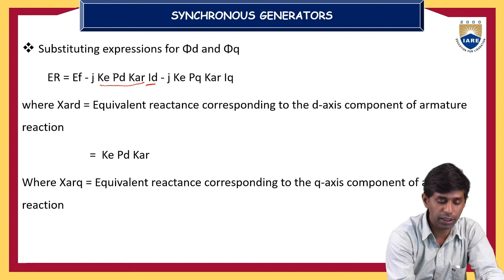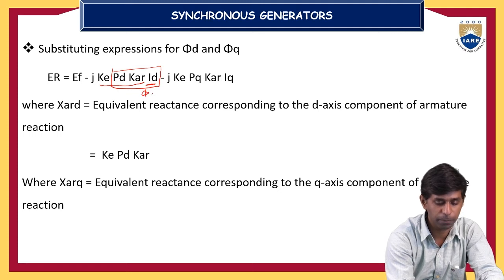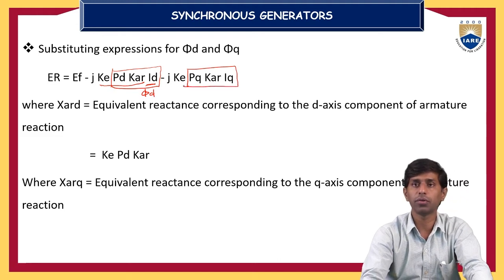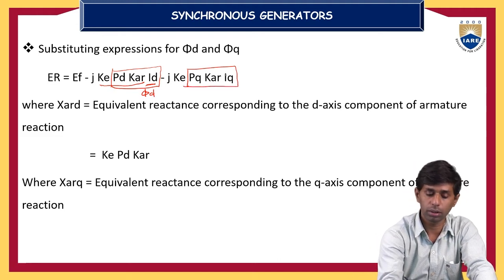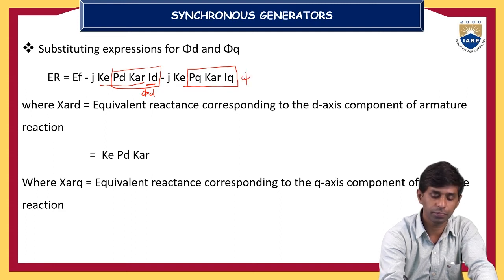PD, permeance into armature reaction coefficient into ID, represents phi D, and the permeance along the quadrature axis and the armature reaction coefficient with IQ represents phi Q.